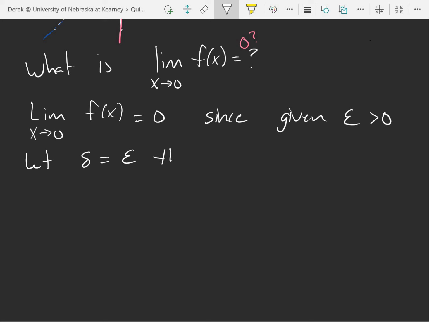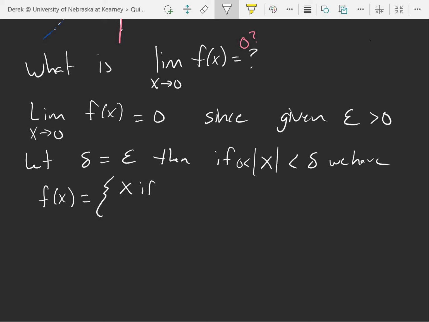Then if x minus a in absolute value is less than delta and bigger than 0, we have that f of x is equal to x if x is rational and 0 if x is irrational.